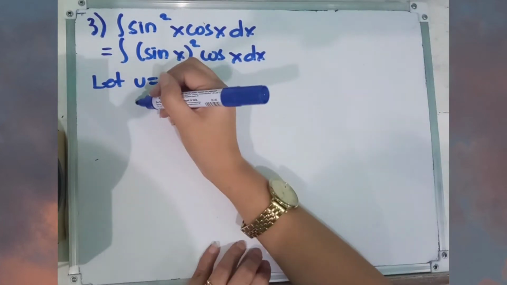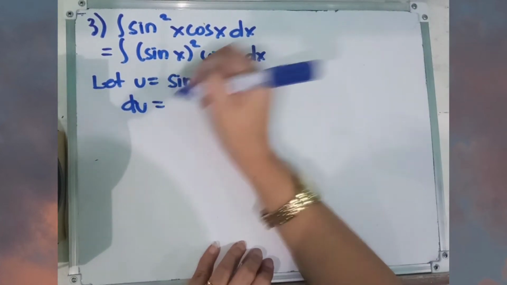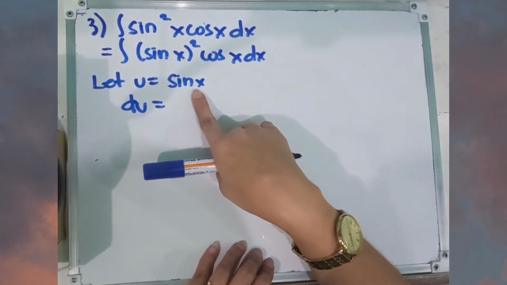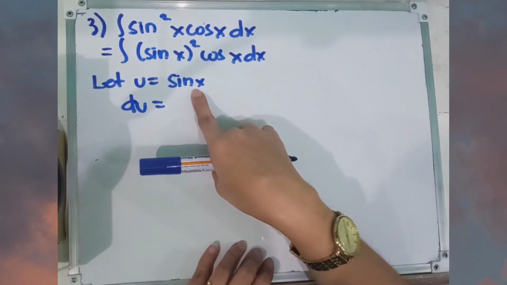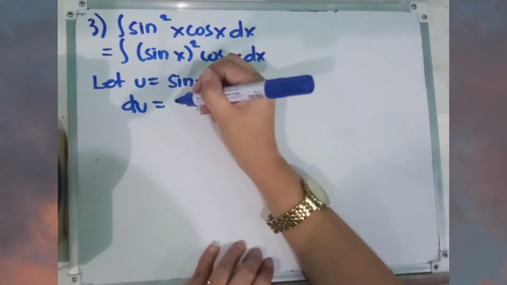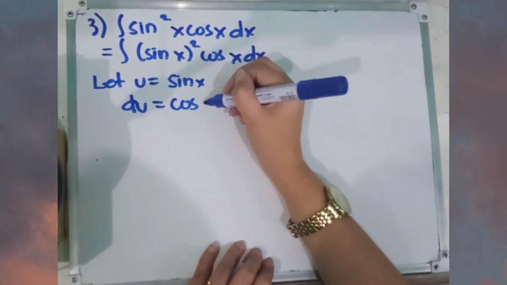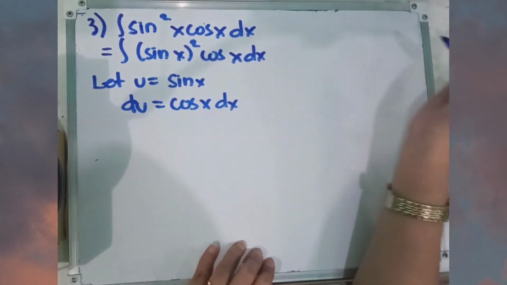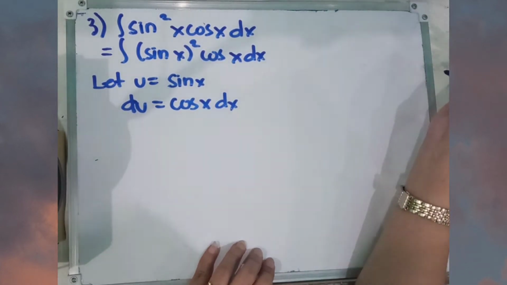And if you recall from differential calculus, the derivative of sine x is, if you thought of cosine x, that's correct. So that's cosine x dx.